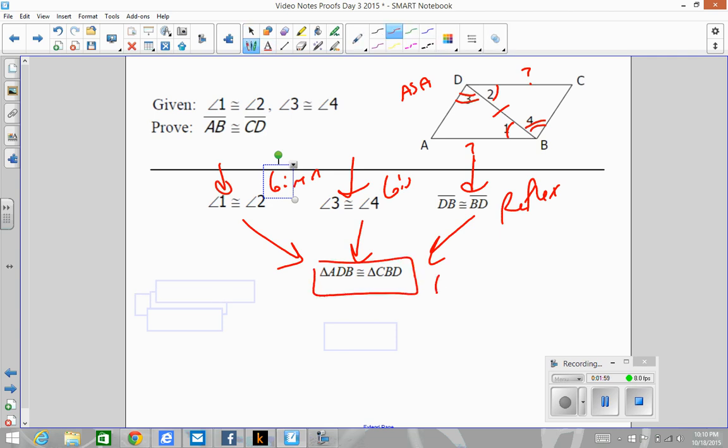And this is by angle, side, angle. And finally, if the triangles are congruent, then any of the other corresponding parts are congruent. So we come to here, and we say CPCTC. So this allows us to prove any other parts of triangles are congruent. And we're going to use these proofs all throughout the next few chapters of geometry, learning how to do other theorems and things like that.